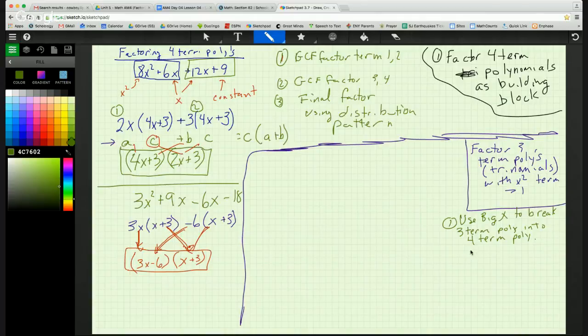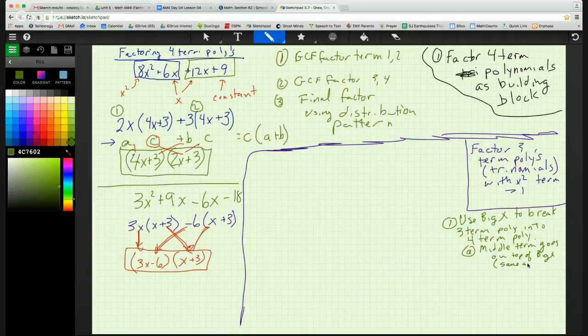And the way that we do this is the middle term goes on top of the big X. This is the same as before.